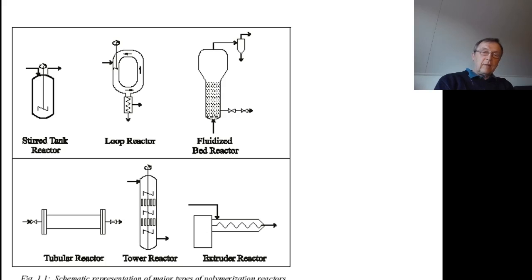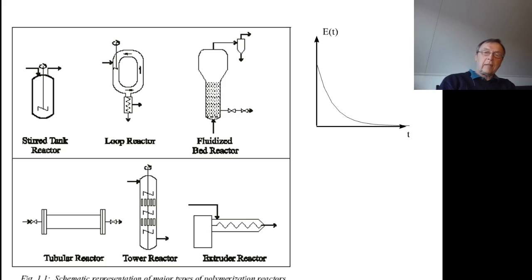And we make this difference of these two groups that is illustrated here because the stirred tank reactor, the loop reactor, and the fluidized bed reactor have about the same residence time distribution behavior. Because if we use a stirred tank reactor for a continuously operated polymerization reaction, most molecules will only stay for a few seconds inside a reactor, and then we wash the reaction mixture out of these reactors.